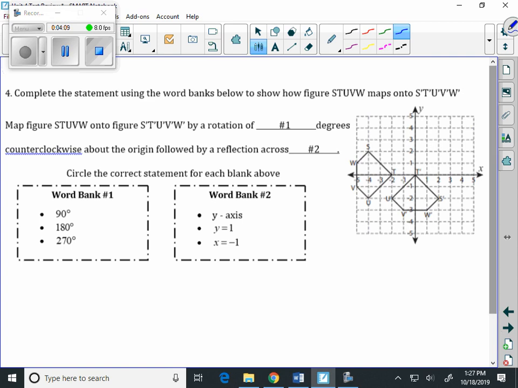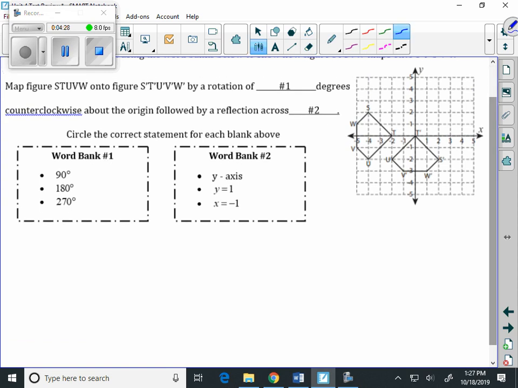I actually looked at the wrong one, so I'm going to go the other direction here because these are the S prime and the T prime and so forth. I'm going to start with this S. The ordered pair of S is -4, 2. I'm going to make a little mark here.